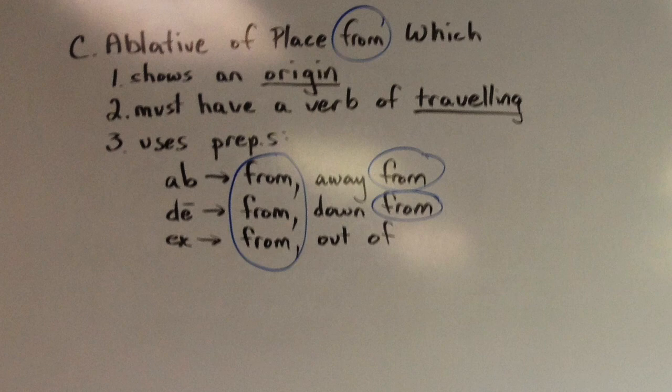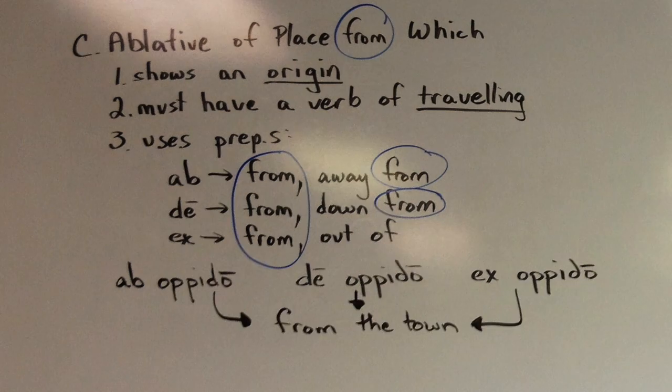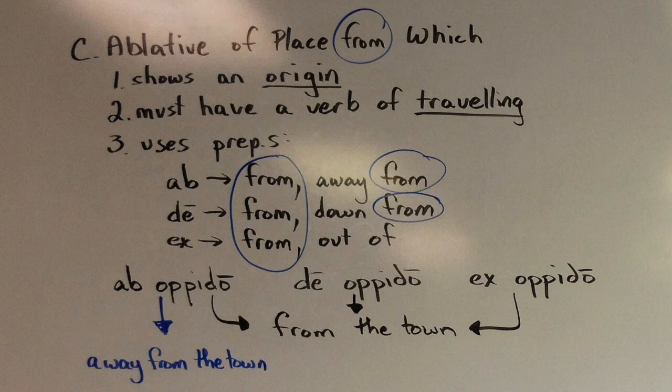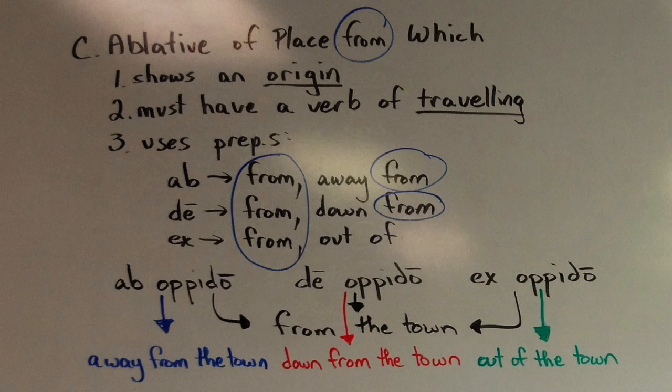And all three of them are used with the ablative of place from which. Some examples of this would be ab oppido, de oppido, and ex oppido. All three of these could be translated as from the town, but they could also each be translated more specifically as away from the town, down from the town, or out of the town.